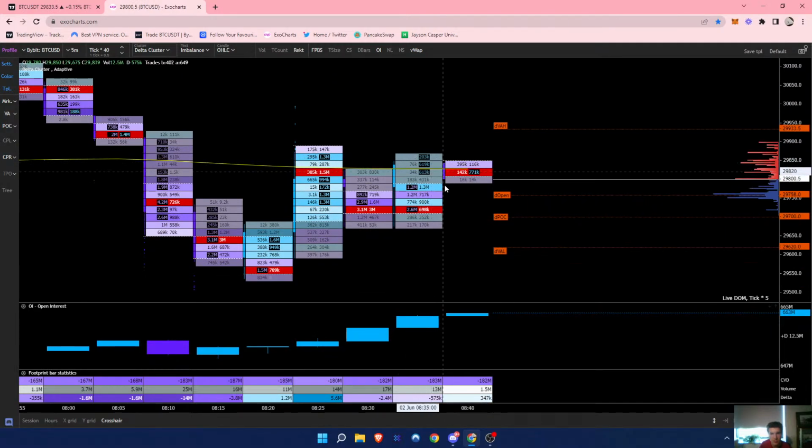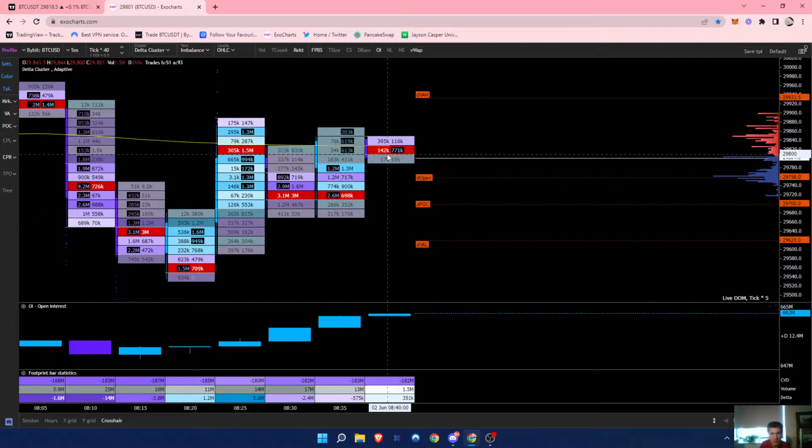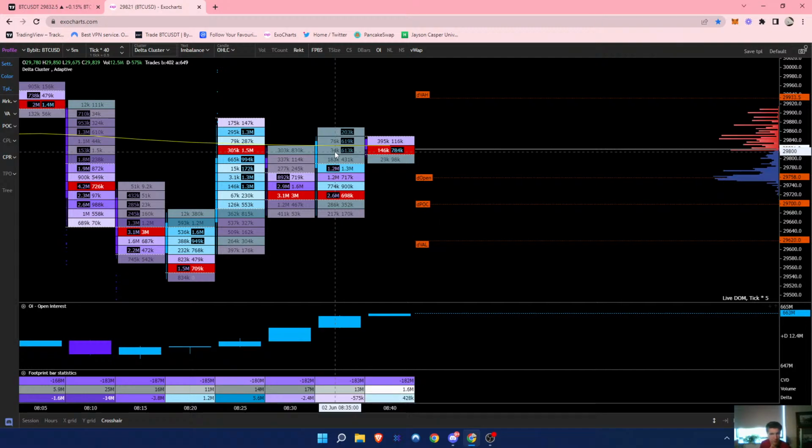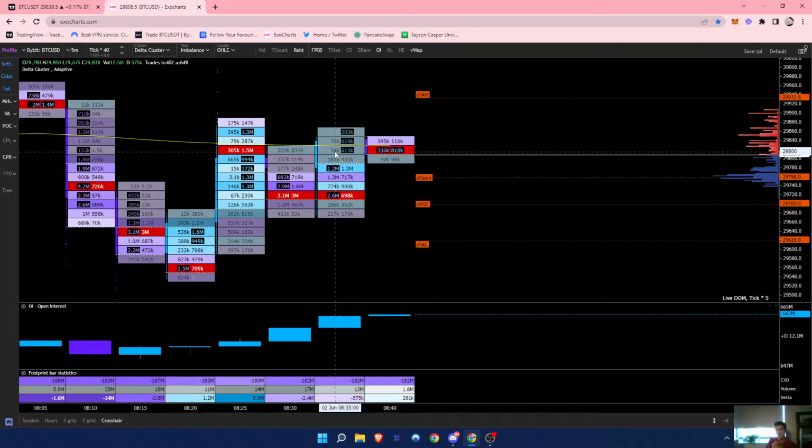If we close above this with stacked short orders, we'll trap these longs. Generally, you want to be looking for trap longs as they can either get liquidated, which essentially just closes out their positions and drops price down even further, or they can close their positions where they're at right now and take the loss. And again, they'll just dump price down even further.